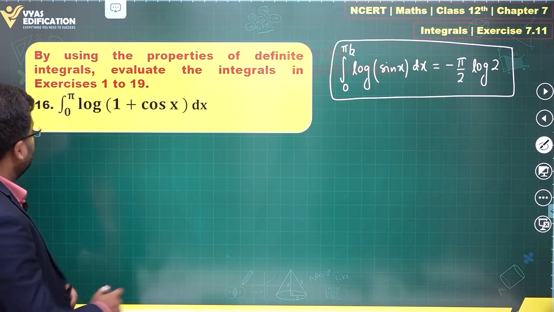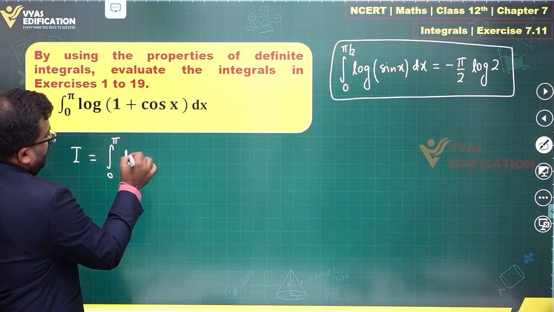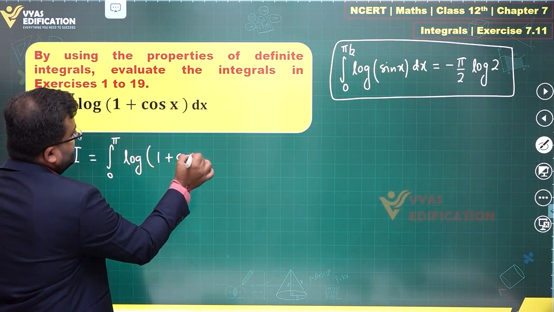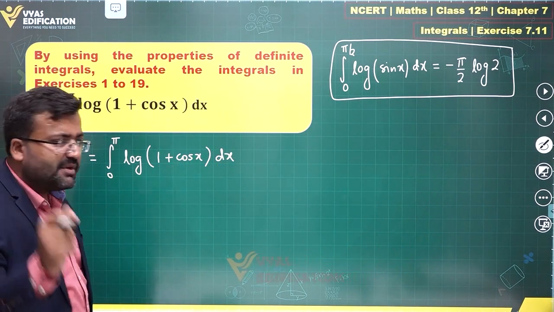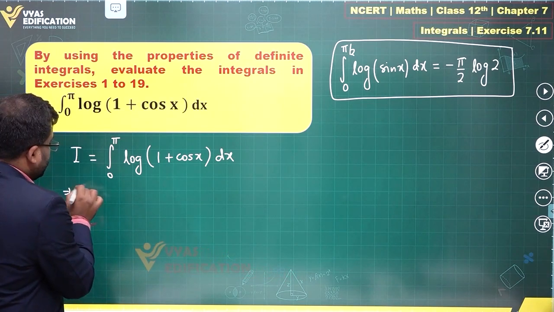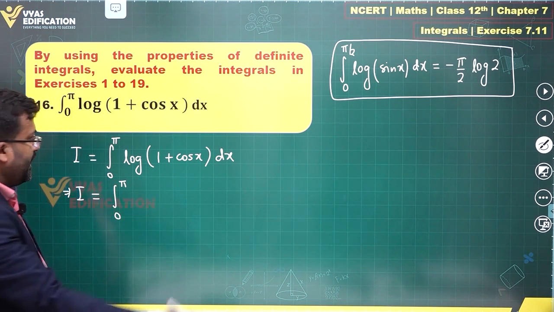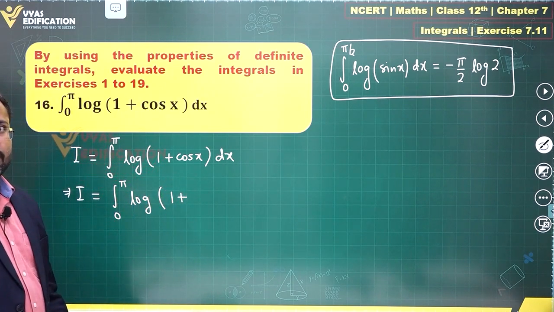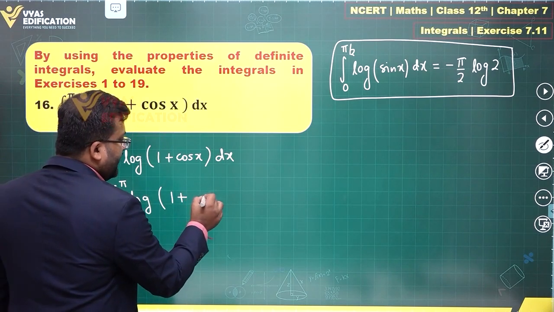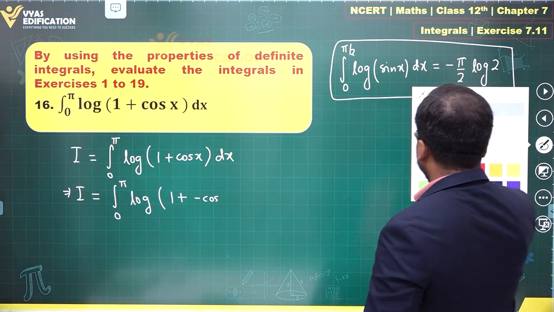What about this one? We started with the integral from 0 to pi of log of 1 plus cos x dx. Then we apply P3, or that special case P4. This tells me that I will be equal to the integral from 0 to pi of log of 1 plus cos of pi minus x. Cos of pi minus x will be minus cos x. I'll write cos of pi minus x only over there so that you're not getting confused.